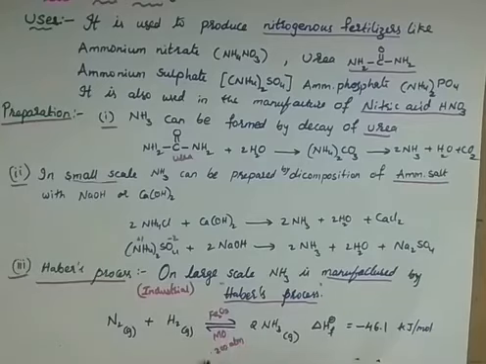So these are all required for the preparation of ammonia in Haber's process. So 2 NH3, and the amount of energy released, delta H, is given. See, the heat of formation, we call it heat of formation, is minus 46.1 kilojoule per mole.